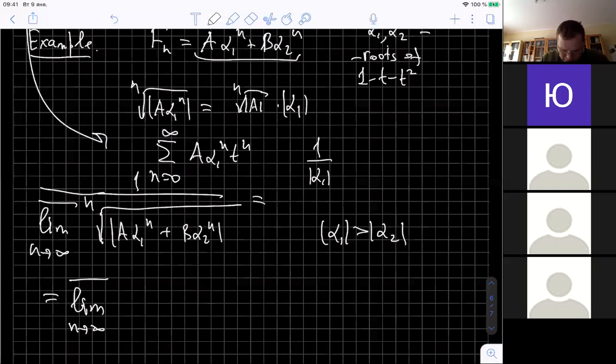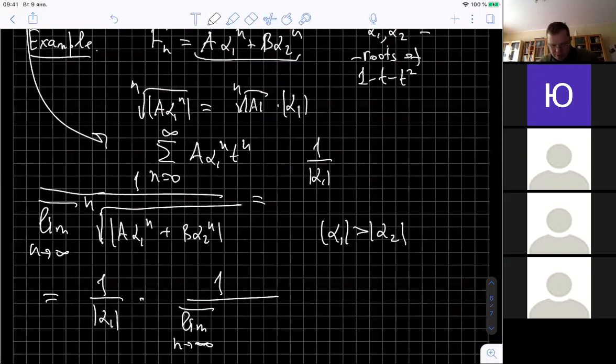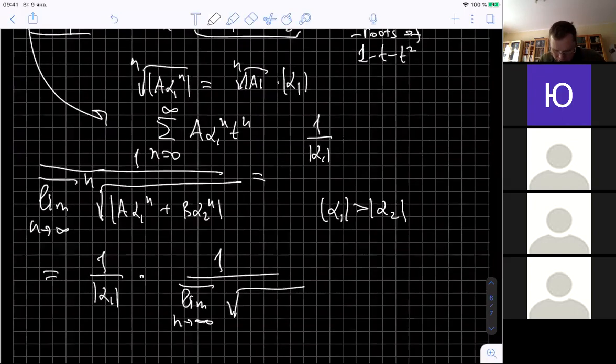We'll have something like 1 over alpha 1 times the upper limit as n tends to infinity of the nth root of modulus of (a plus b times n) times (1 plus (alpha 2 over alpha 1) to the nth power), and the last part tends to 0.